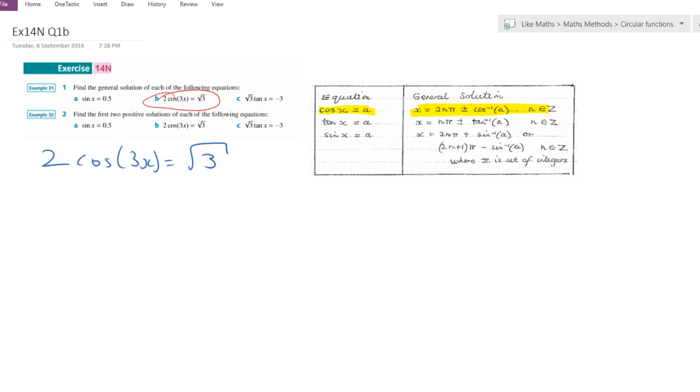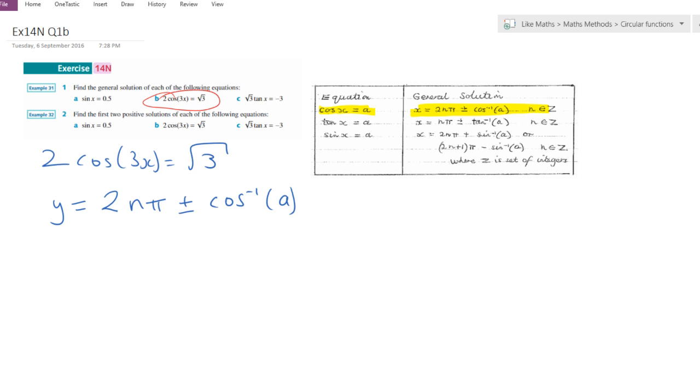And I'm going to write it with a y just to make sure I don't get mixed up. So we write the general solution for cosine as y equals, rather than x we're using y, so y equals 2n pi plus or minus inverse cos of a.